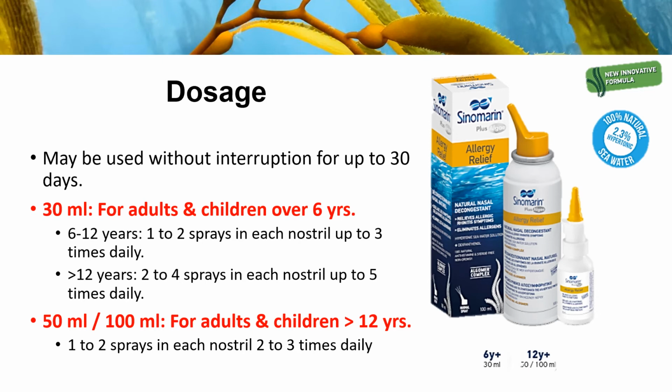For the 30 ml bottle, 1 to 2 sprays per nostril is administered for 6 to 12 years old and given up to 3 times daily, while children greater than 12 years old are given 2 to 4 sprays per nostril for up to 5 times a day. For the 50 ml or 100 ml bottle, 1 to 2 sprays per nostril is administered 2 to 3 times a day.